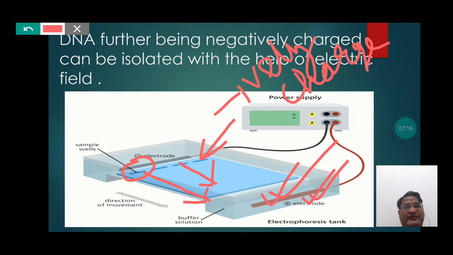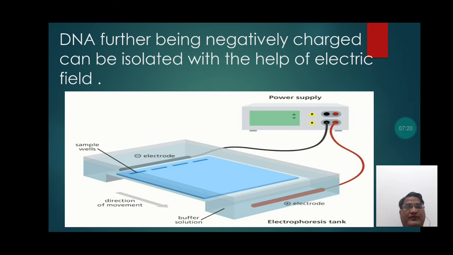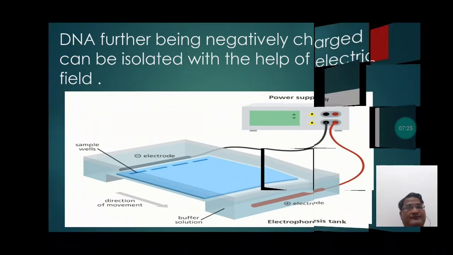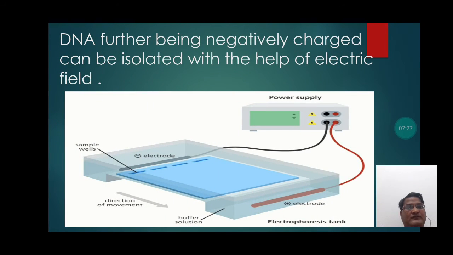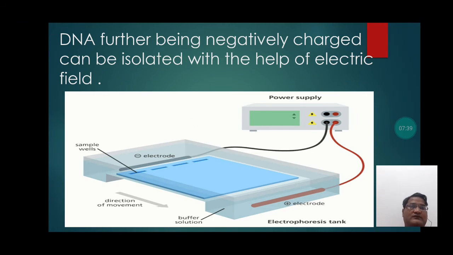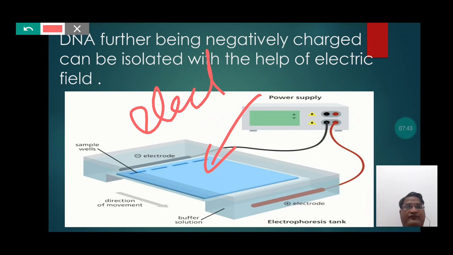Students, here you can also notice the direction of movement, which is showing that the DNA movement is tending to move from the negative plate to the positive plate. Students, here the negative and the positive plate is maintained when this electric device is attached to the power supply, so that an electric field is maintained.